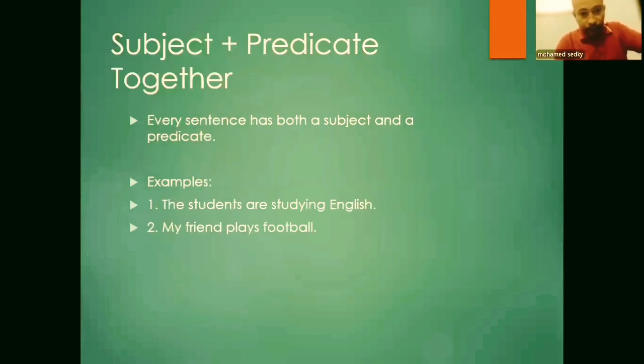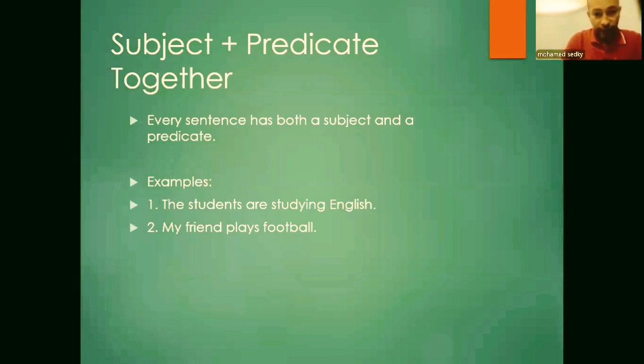Now, if we look at the following examples that include the subject and the predicate together, every sentence must have both a subject and a predicate, so we can consider it a complete sentence. Examples for that: the students are studying English.